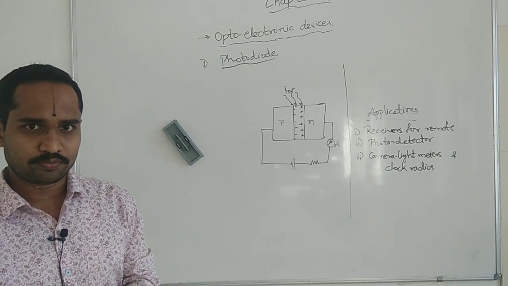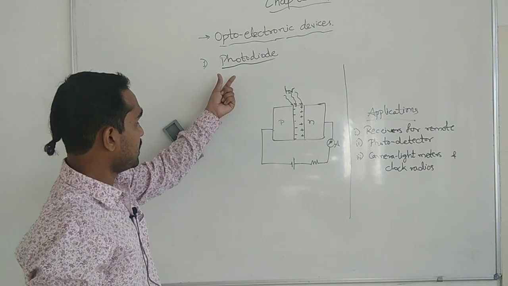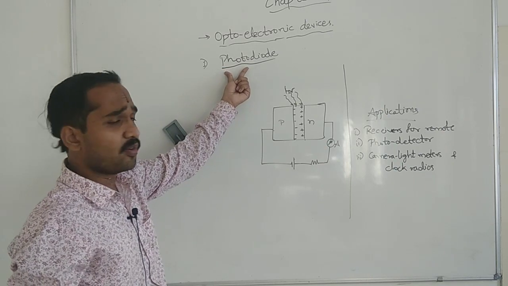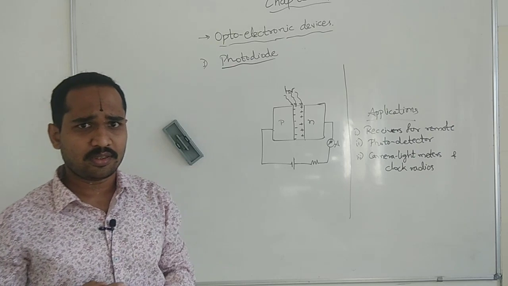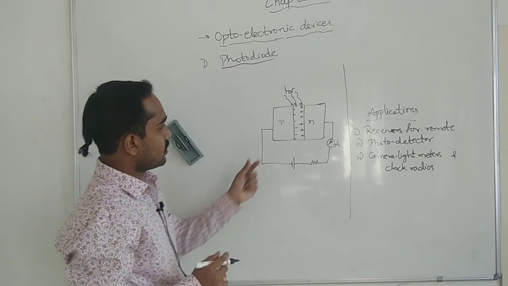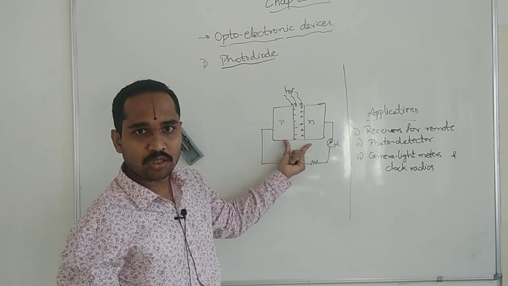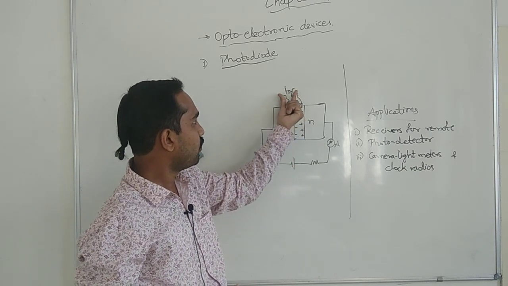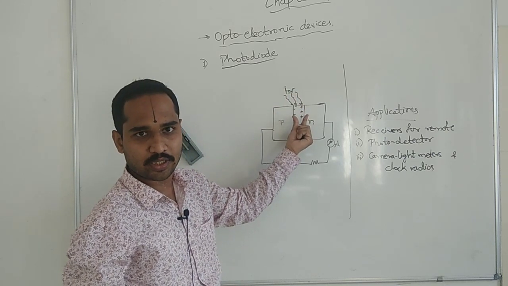What is a photodiode? As the name itself indicates, there is the photon being incident and the diode is present. That is the photodiode. Please understand, see the setup. There is a diode, a PN junction, and photons of energy h nu are being incident on it.